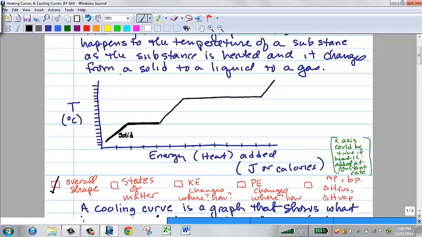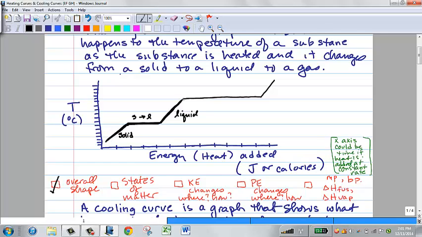And that's what's happening at this plateau. The solid will be changing to liquid. And after all of the solid has changed into a liquid, then the temperature will rise again. But that can only happen after all of the melting is done. So when all of the melting is done, there's no solid left, there's only liquid.